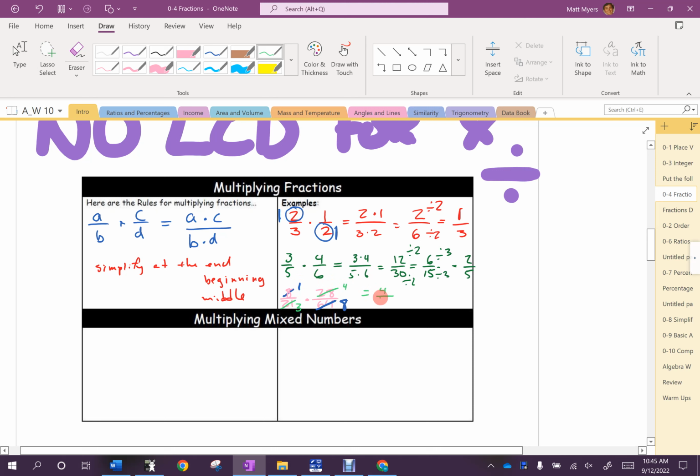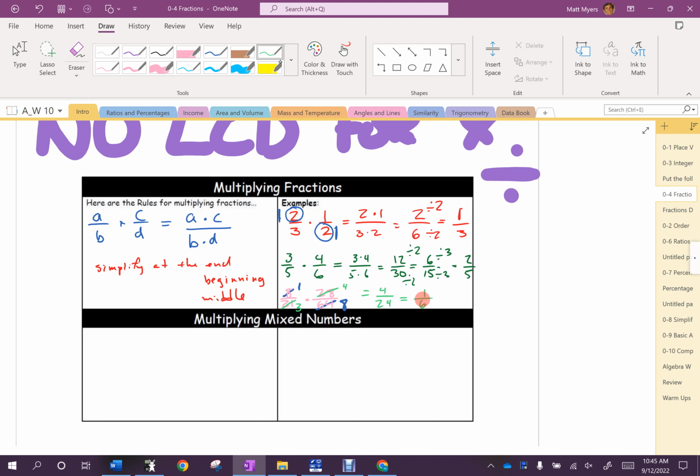What's 3 times 8? 24. Does that get any simpler? What number works with 4 and 24? 4. 4 divided by 4 is 1. 24 divided by 4 is 6. And we're finished. Is everybody good?